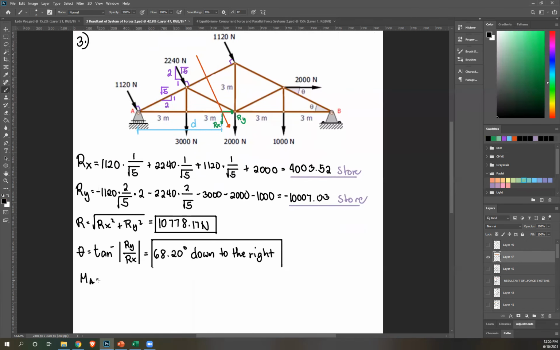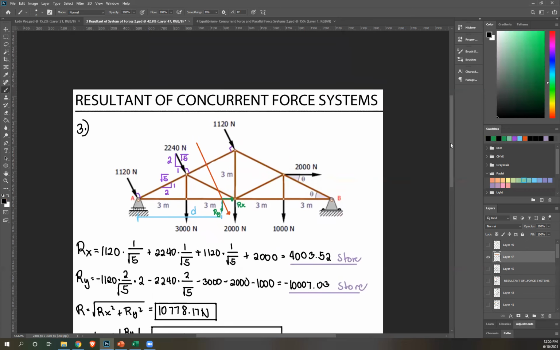So MA equals positive RD, and that is also equal to Ry times, sorry, Rx times distance.